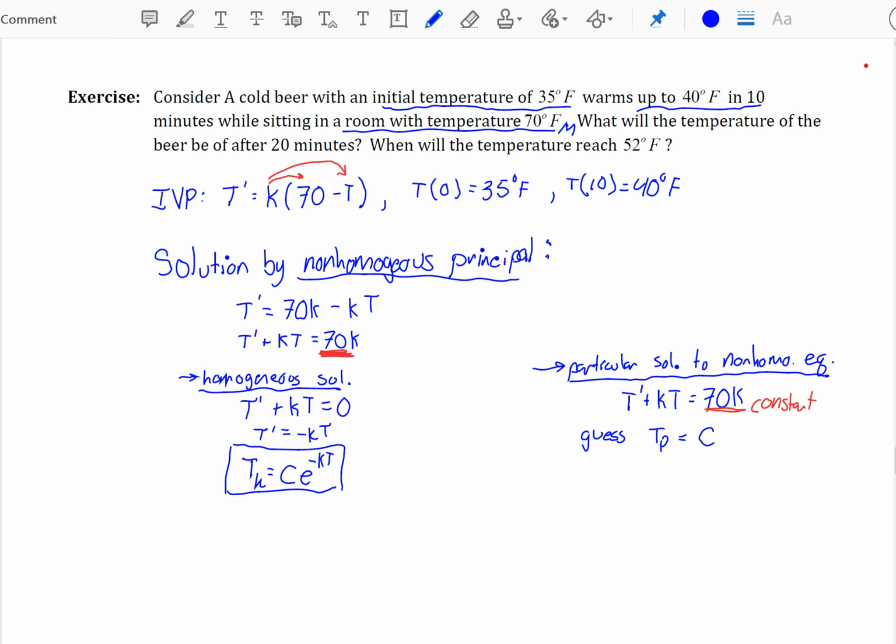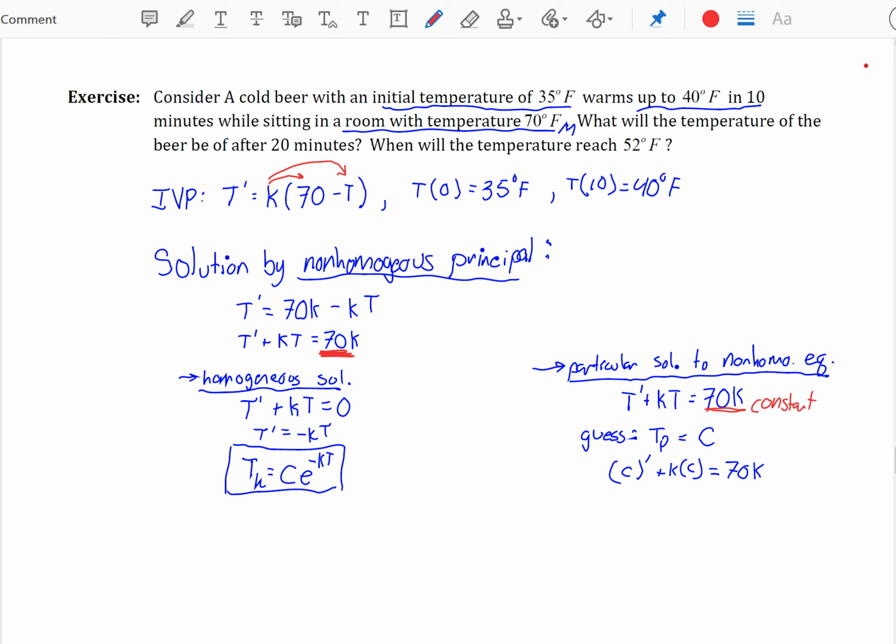And if it's a constant, then we should be able to plug this constant back into the differential equation. So the derivative of some constant plus k times some constant has to equal 70k. Remember, if this is going to be a solution to the non-homogeneous equation, when you plug in that proposed solution, it better equal the right-hand side.